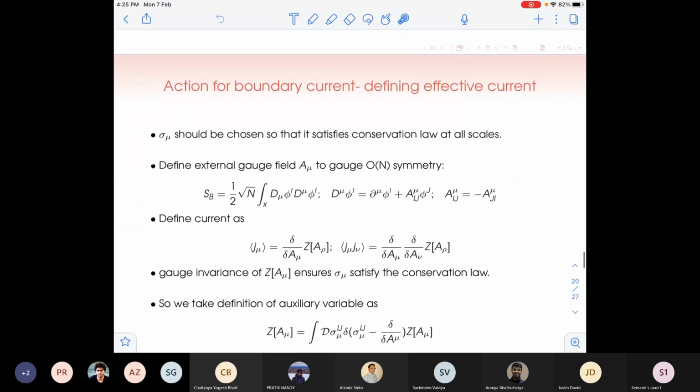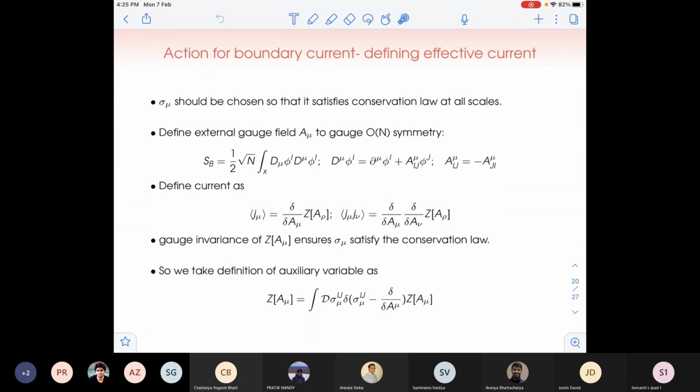For that, first we gauge an external field A mu. We define an external gauge field A mu to gauge the ON symmetry, defining a covariant derivative in this way where it is antisymmetric, and define the current with this definition.